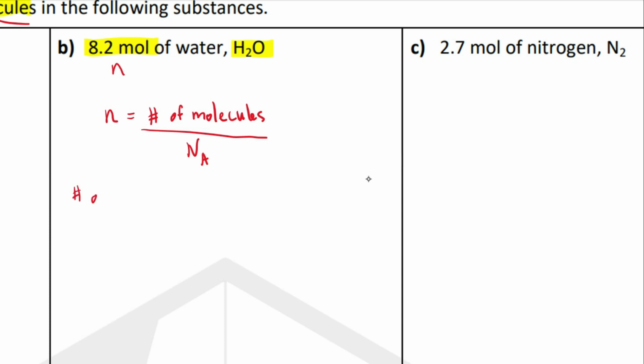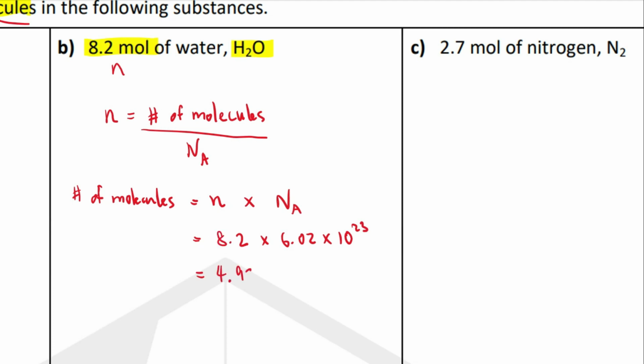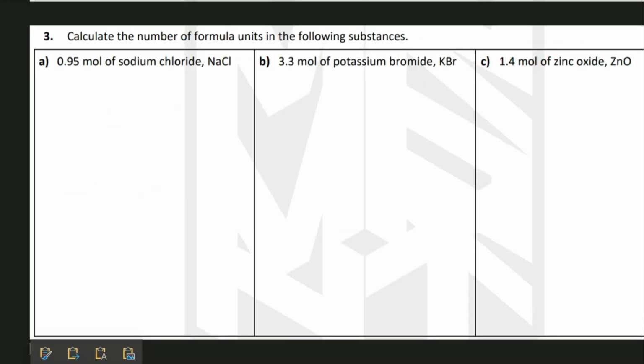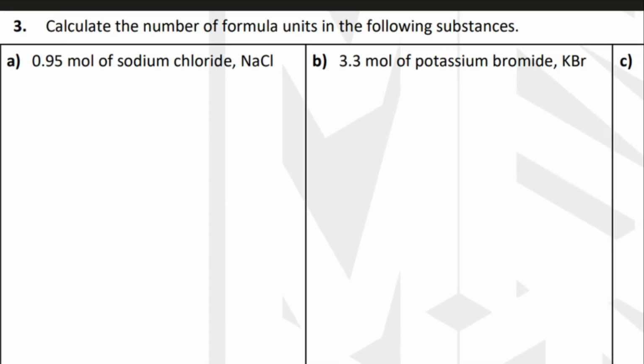Therefore, number of molecules is simply number of moles times Avogadro's constant. And so this is 8.2 multiplied by 6.02 times 10 to the power of 23. And the number is 4.936 times 10 to the power of 24 molecules. You can do the same with the number of formula units as well.